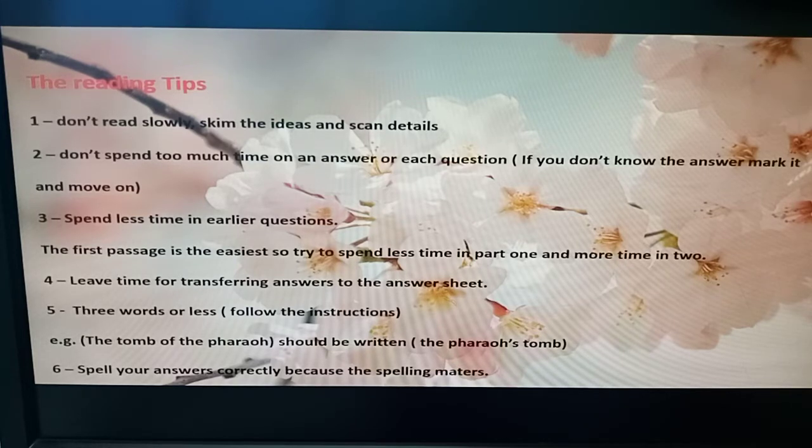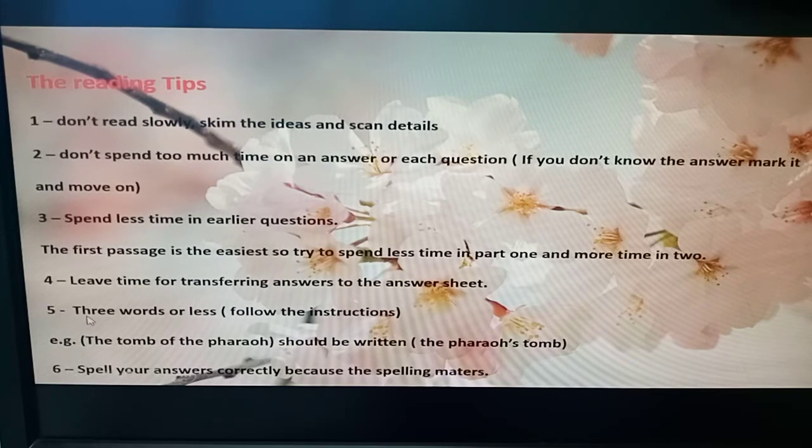For example, sometimes they write no more than 2 words, no more than 3 words, or write only 1 word. So if you are asked to write no more than 2 words and you write 3 words, even if the answer is correct, it will be marked incorrect.